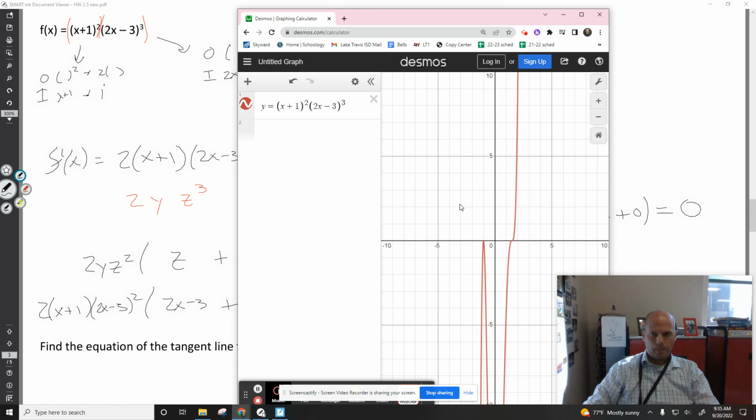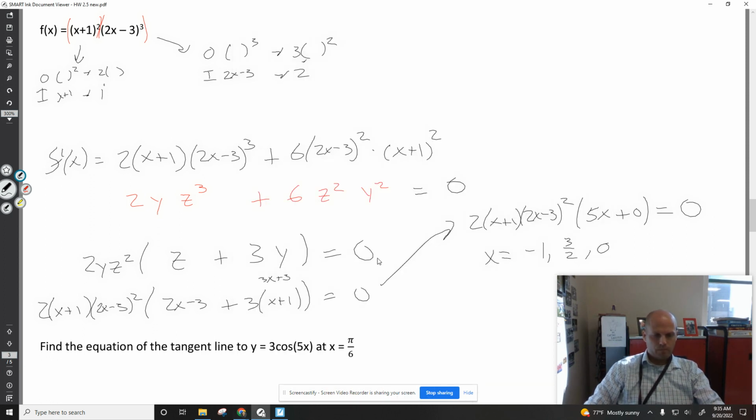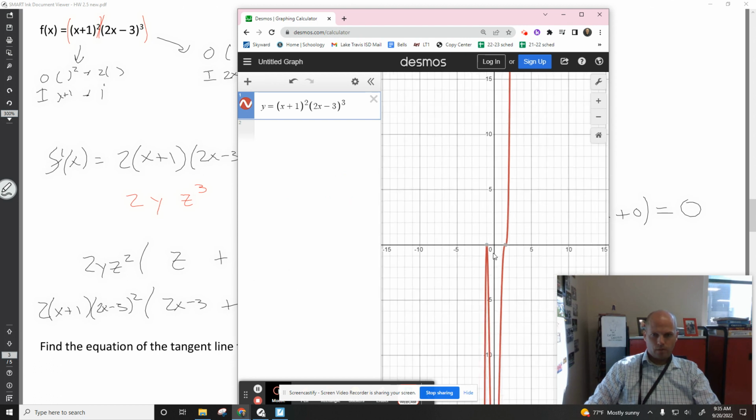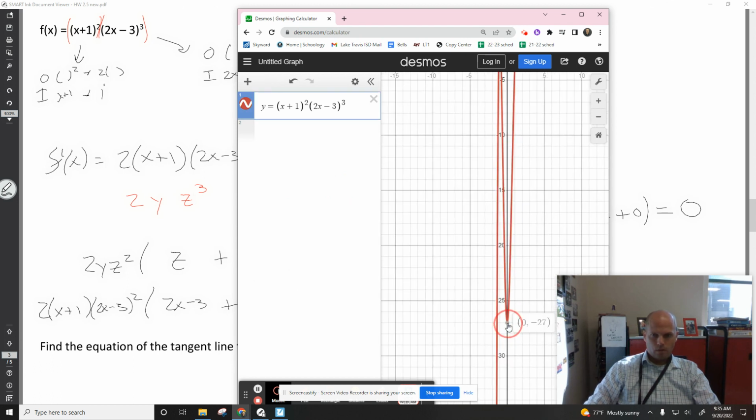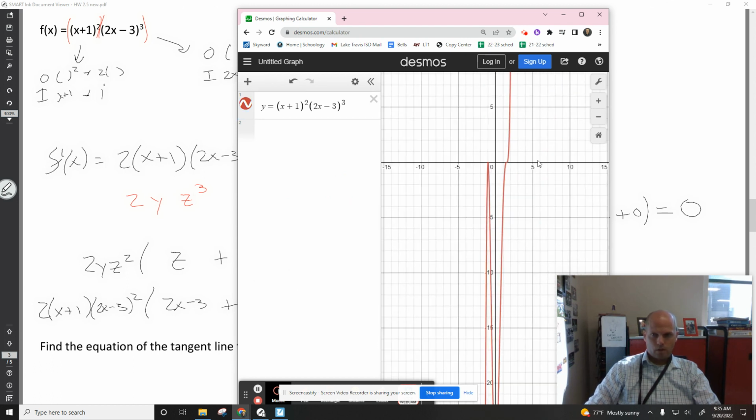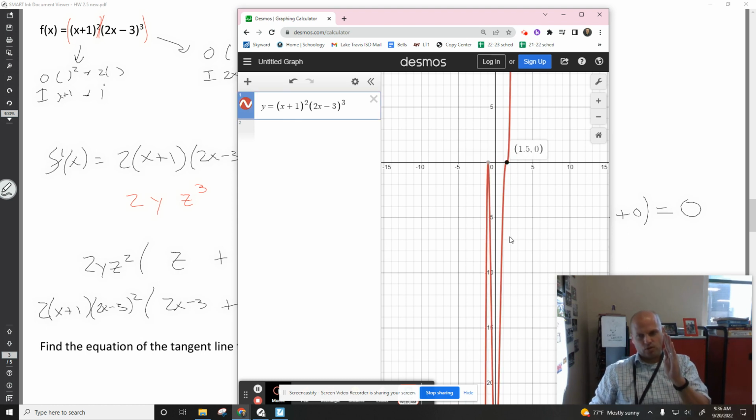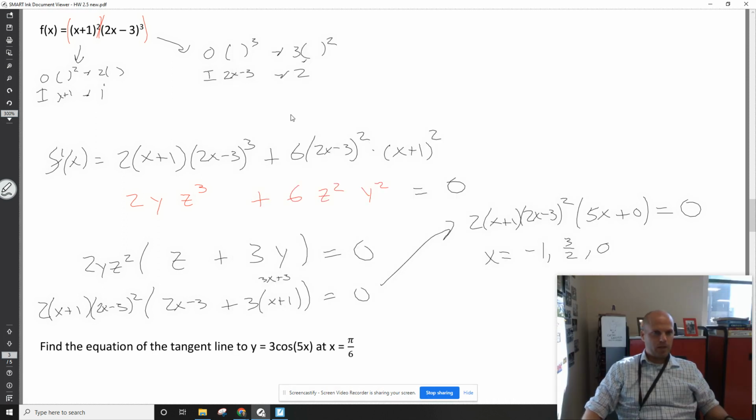All right. Boom. Negative 1. That's 1. 0. There's another. 3 halves. Ooh, 1.5. That's one of those situations where we flatten out and then keep increasing. It's not like a max or a min. It's like a neither, which we'll learn about in the future. But we did it. Okay.